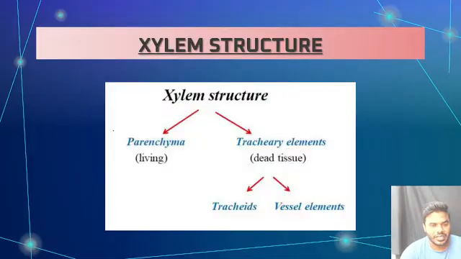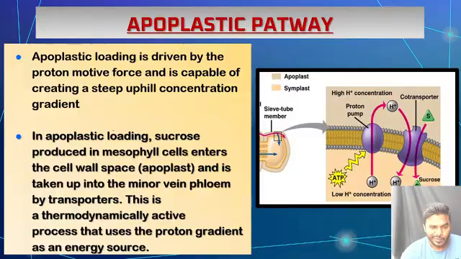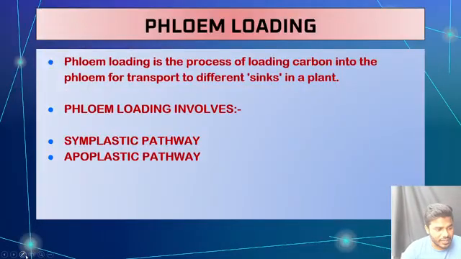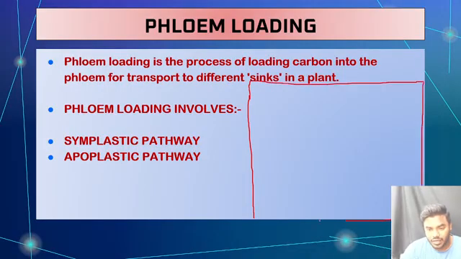Okay, I will draw this. Just look at how the movement will occur. All the students, listen. What is the apoplastic pathway? What is the symplastic pathway? So friends, just listen to me. This is the epidermis.